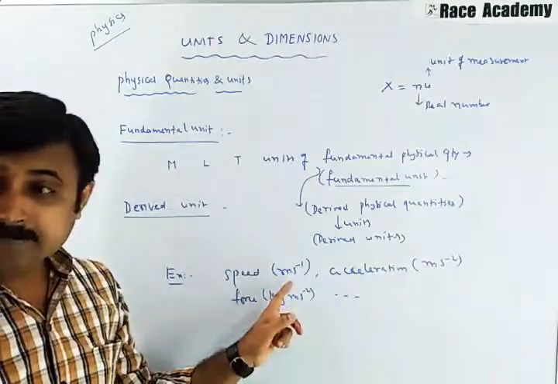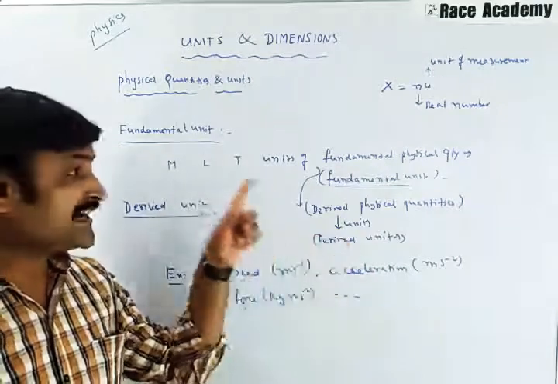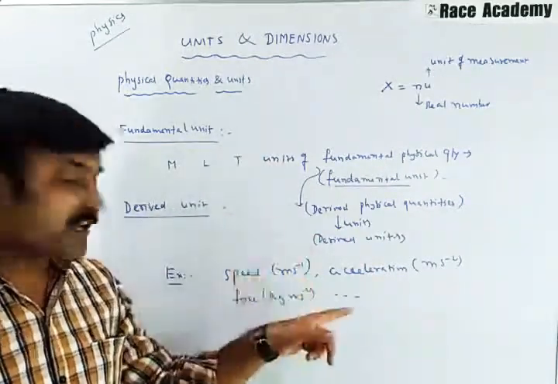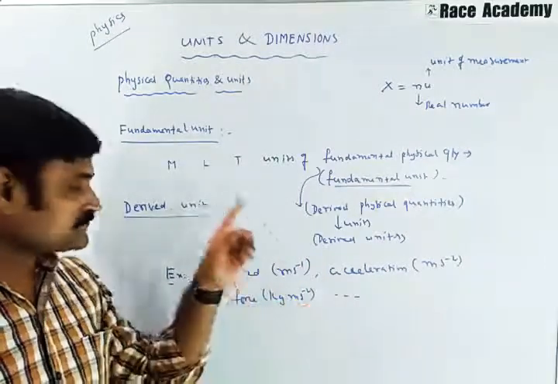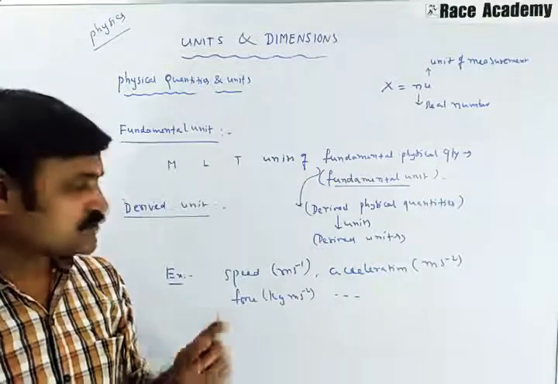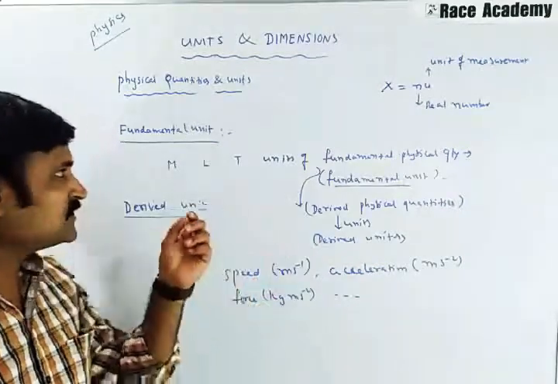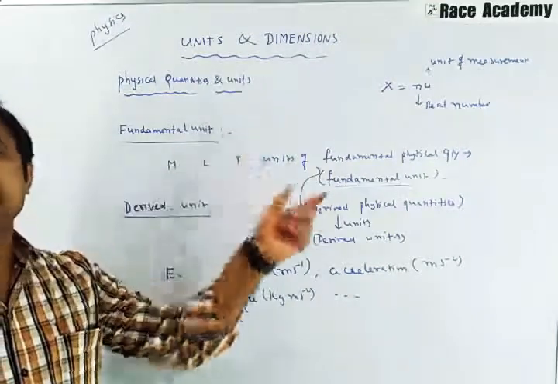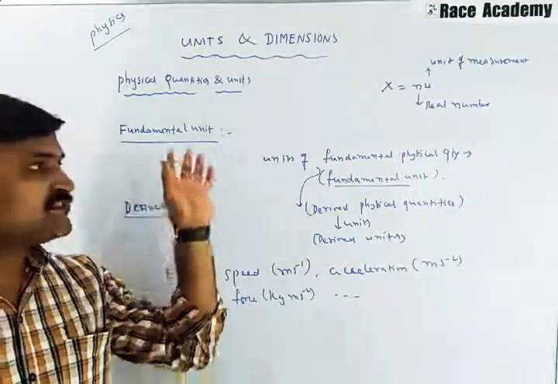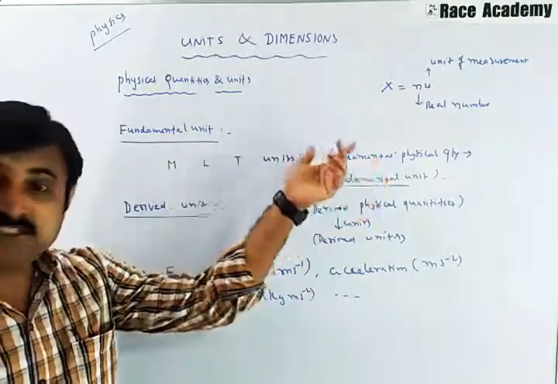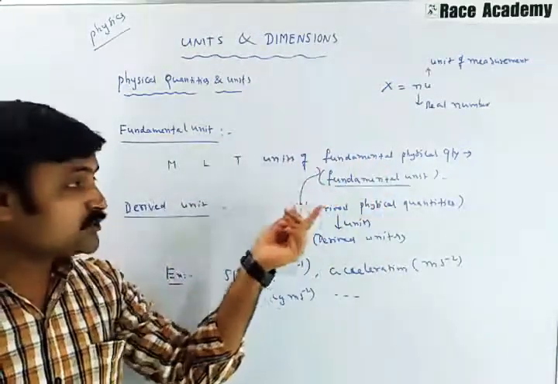So meter is the fundamental unit, meter per second is a derived unit, and speed is a derived quantity. The basis of fundamental units is mass, length, time. These are the fundamental physical quantities, and their units are called fundamental units.